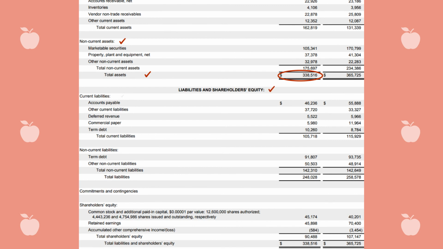We have current liabilities, we have non-current liabilities, and we have the stockholders equity added to those, giving us our total liabilities and stockholders equity. And look at that. They match. Our assets match the liabilities and shareholders equity total. Look at you. You are a master at reading balance sheets now. Go you.